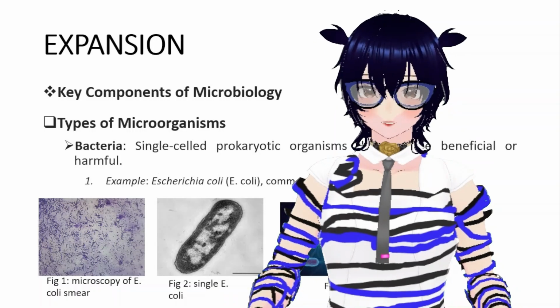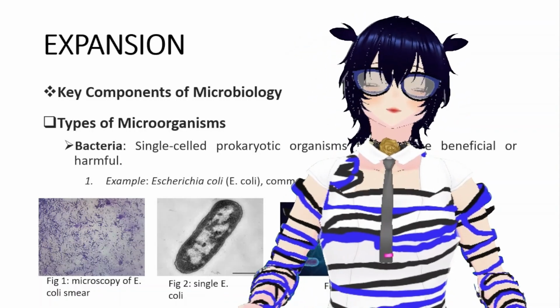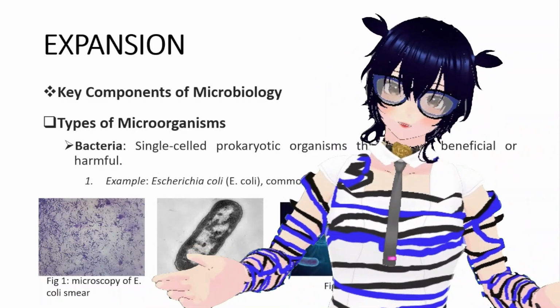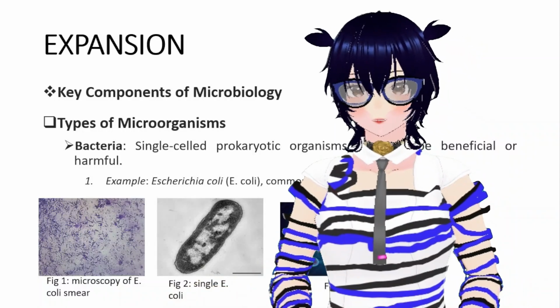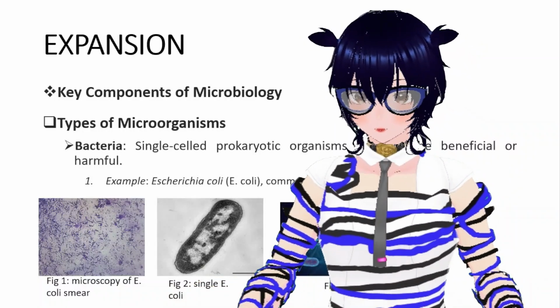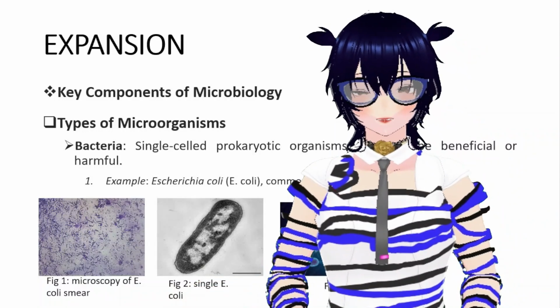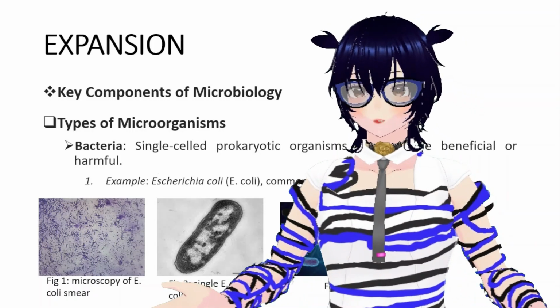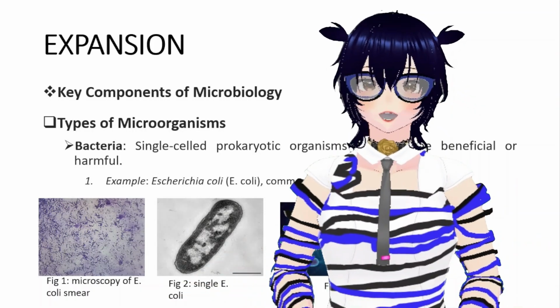The first one is bacteria, and the bacteria are single cell. They are organisms that only need one cell to become an individual that can work alone, and they are prokaryotes. Pro means fake nucleus, or not a true nucleus.